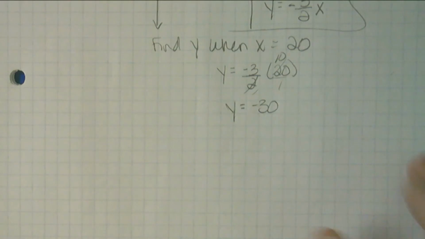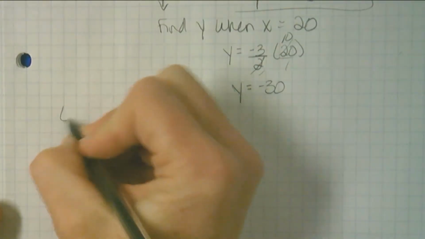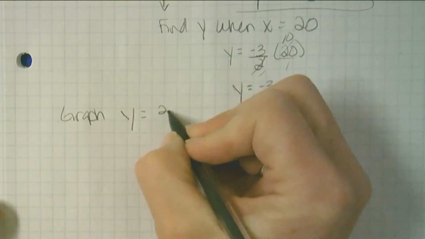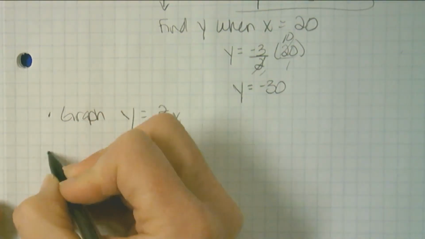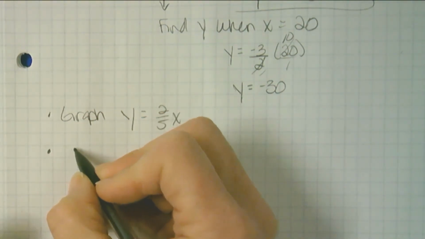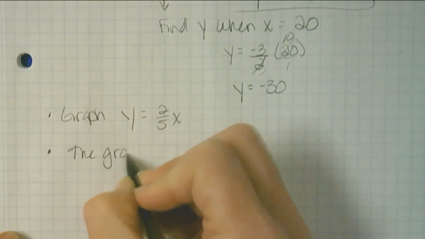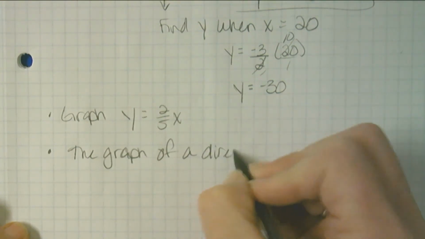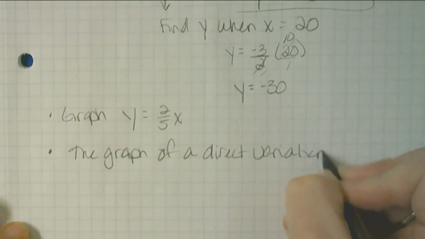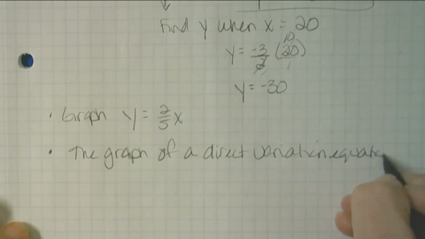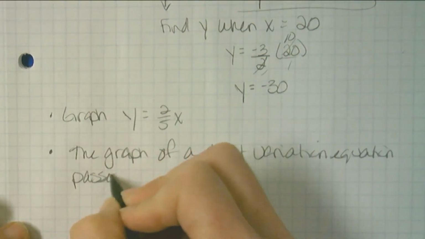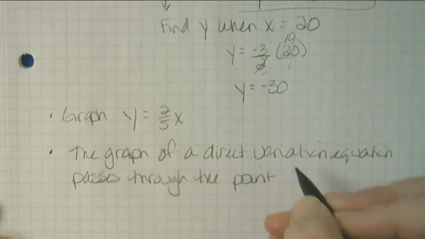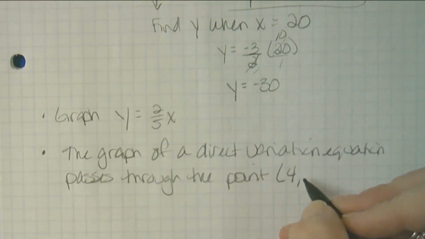Okay, so I'm going to give you two things that I want you to do. I want you to graph y equals 2/5 x. And the next thing I want you to do: the graph of a direct variation equation passes through the point 4, 6.